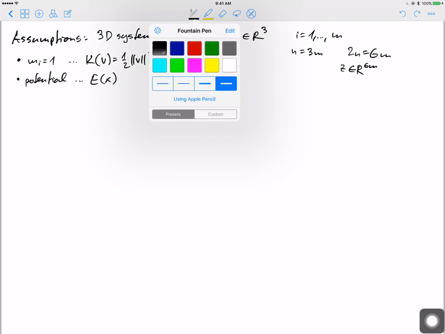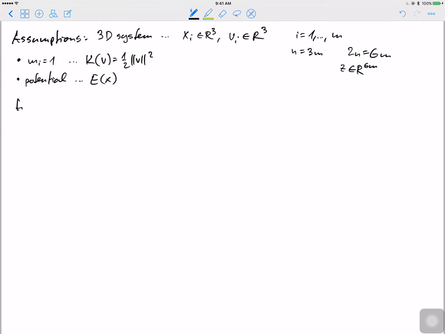All right, so what we talked about last time is first integrals, which is a different term for conserved quantities. We said that a function from phase space to scalars is a first integral if and only if the gradient of the function transpose, the J matrix, the Poisson matrix, times the gradient of the Hamiltonian is 0.